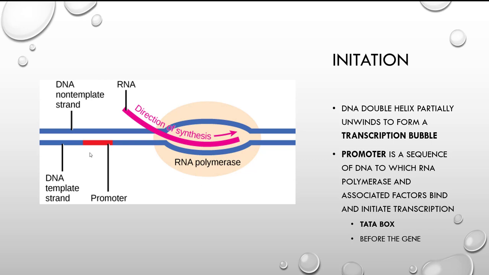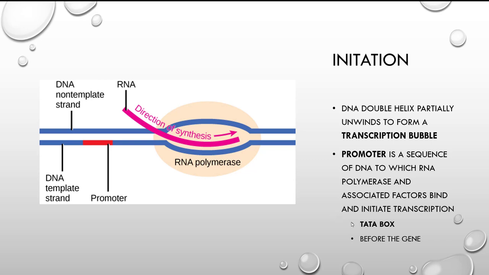That's a specific sequence, and that's where the RNA polymerase knows where to bind. And it's upstream from the actual gene that needs to be transcribed. So the RNA polymerase is going to bind to that specific sequence, and it knows, okay, that's where we're going to start the process.